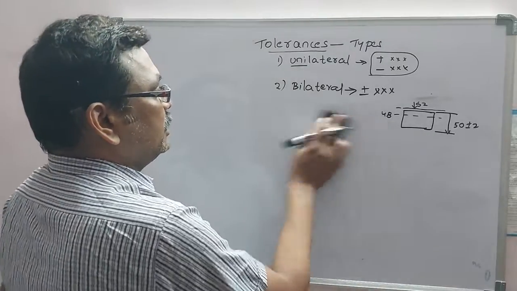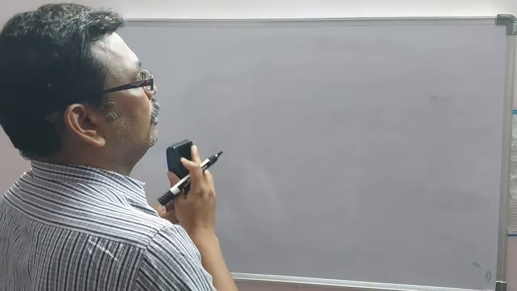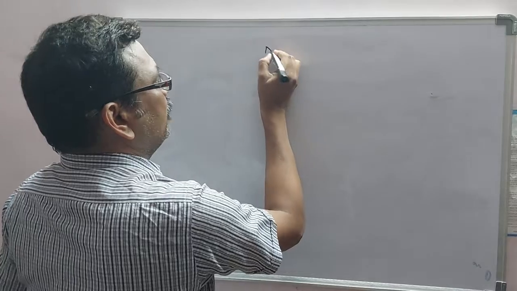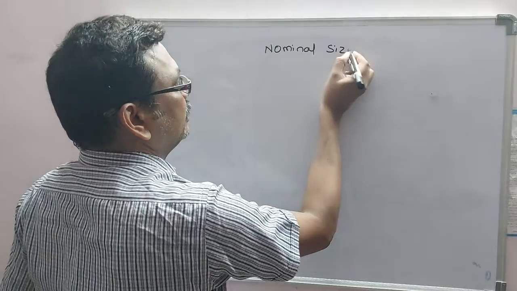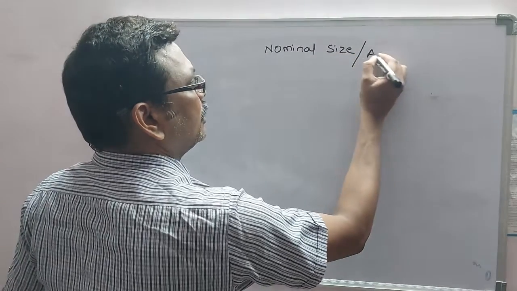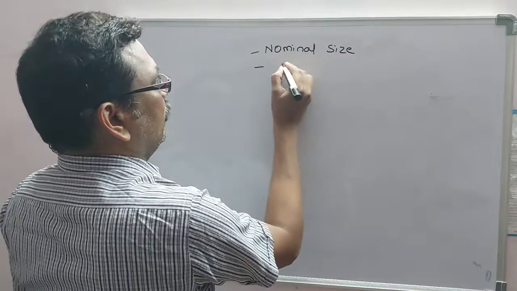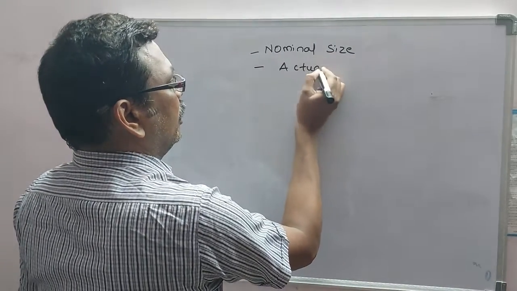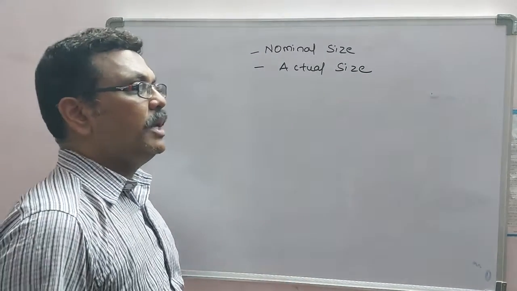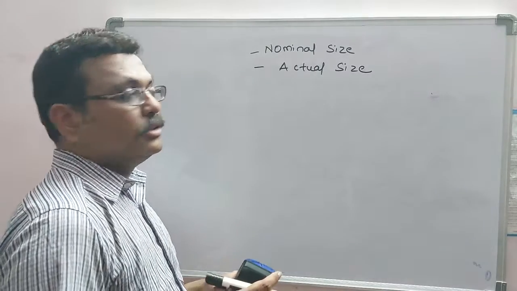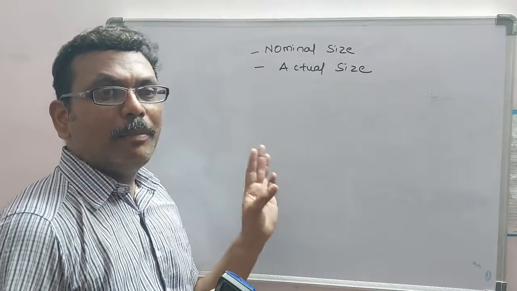So the next concept is nominal size. It's a small concept. And actual size. So what is the difference between the nominal size and actual size? Nominal size is nothing but the dimension given on a particular drawing.